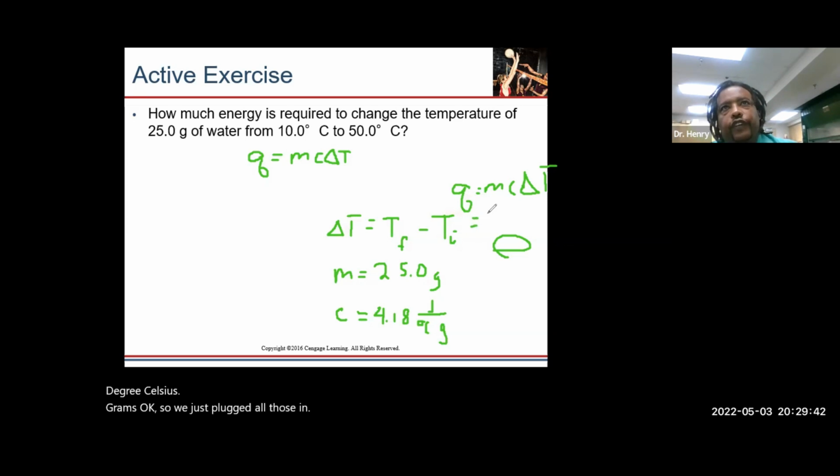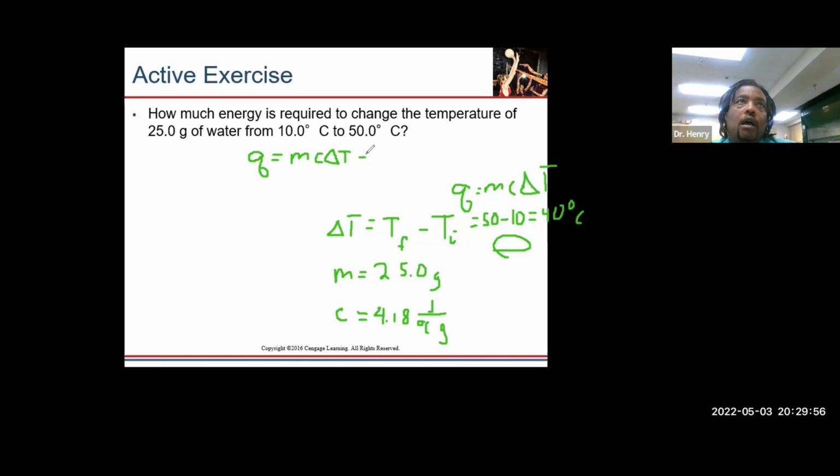Let's do 50 minus 10. 25 degrees, I mean, 40, yeah.